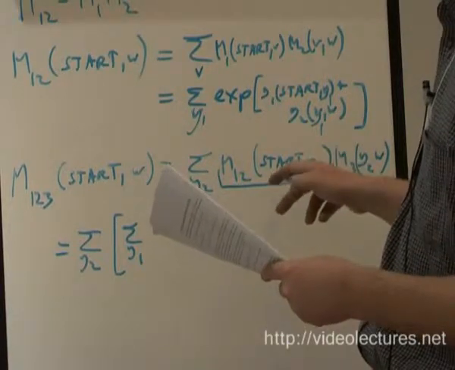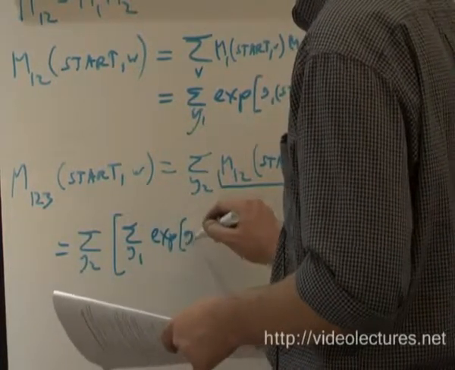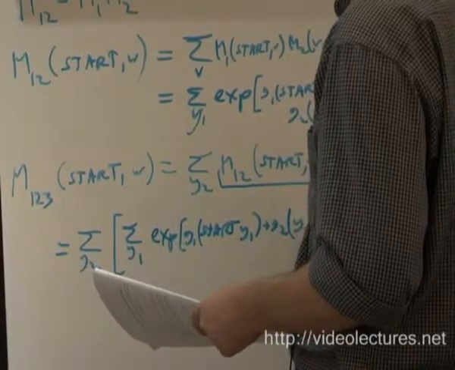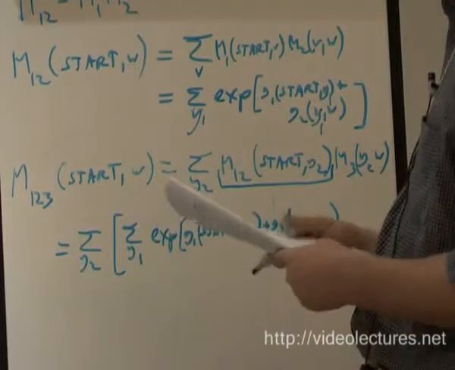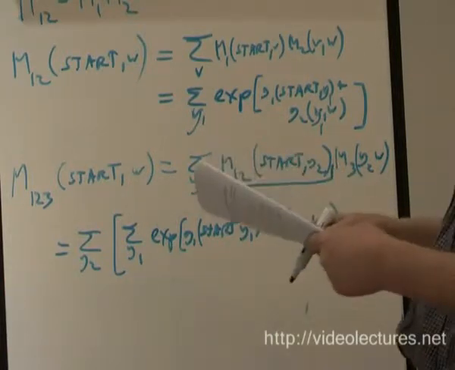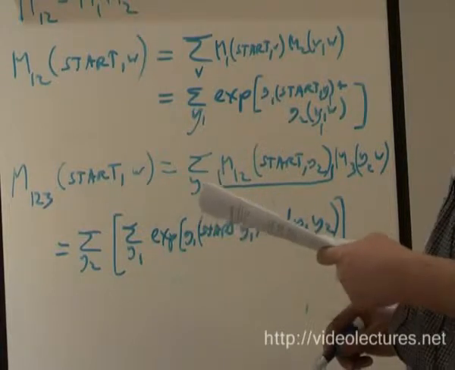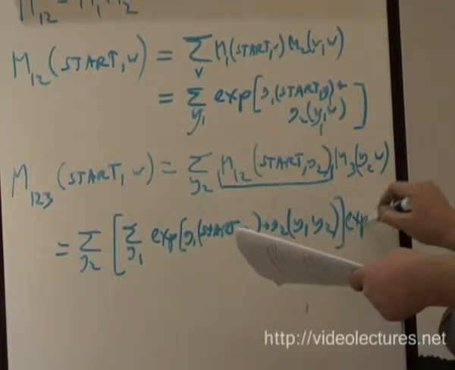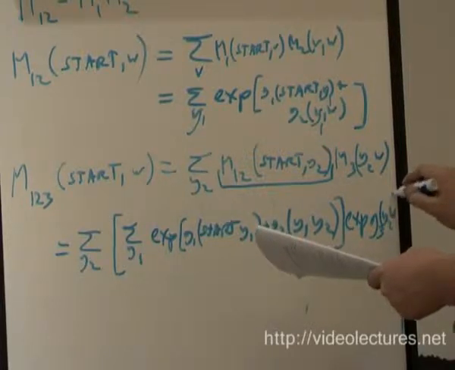Sum over y2, sum over y1 of exponential of g1 start y1 plus g2 y1 y2, and then I have here m3 of y2w, so that is the exponential of g3 of y2w.